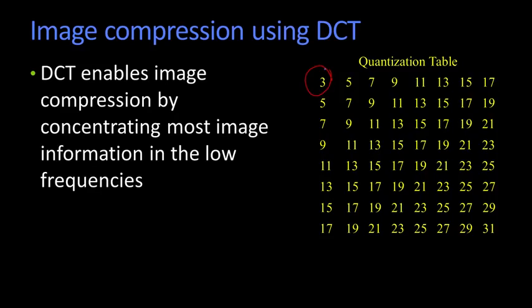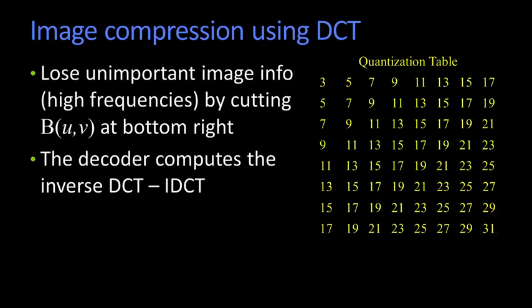If you're thinking of this in bits, you can shift it over by 2. The idea is that you round this to the nearest 3, whereas this is rounded to the nearest 31. So in other words, you're doing more representation of the top left-hand corner than you are of the bottom right-hand corner. And so what that means is you lose information, but you're mostly losing the information down here.